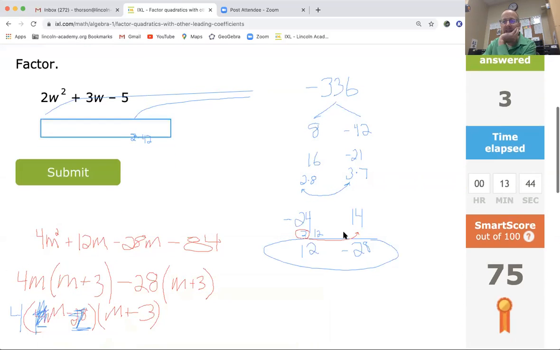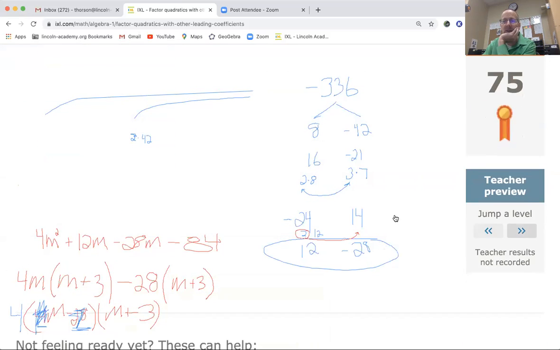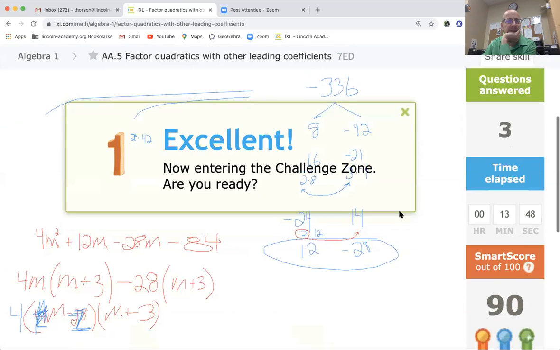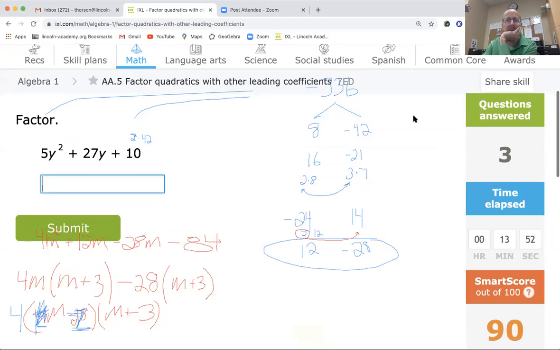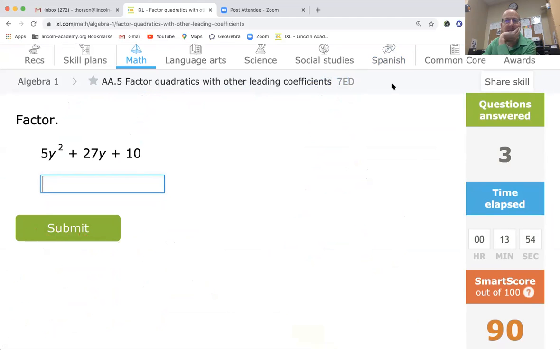Excellent. All right, so let's see if we can get one more, and then we'll maybe do something different. Okay, here's another good one. Let me clear all that extra stuff in the way.